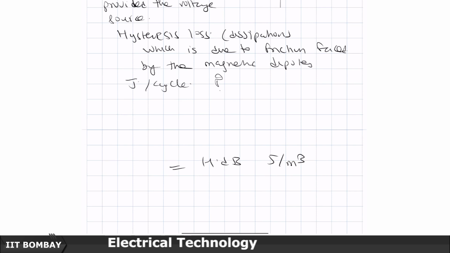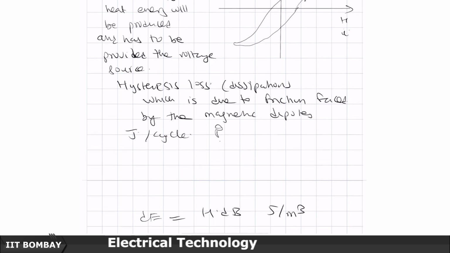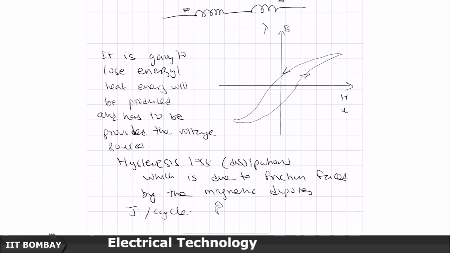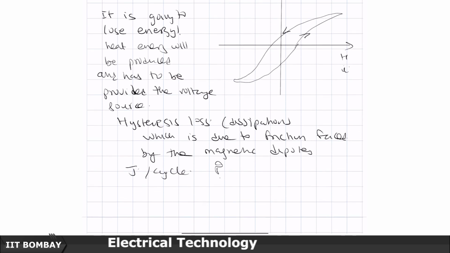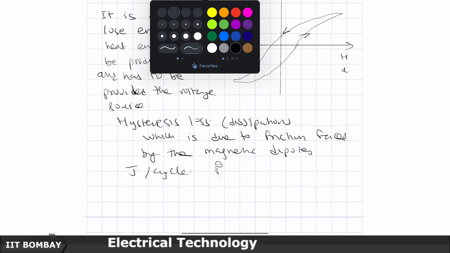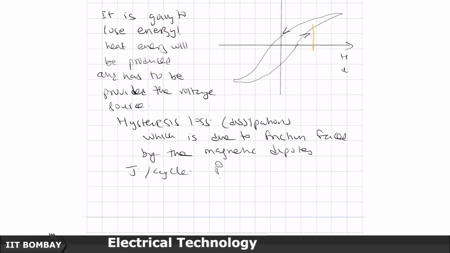The differential energy dE is h times dB joules, energy stored when I increment. I am at some level h here, and the B is somewhere here, and I increment B by a dB value.